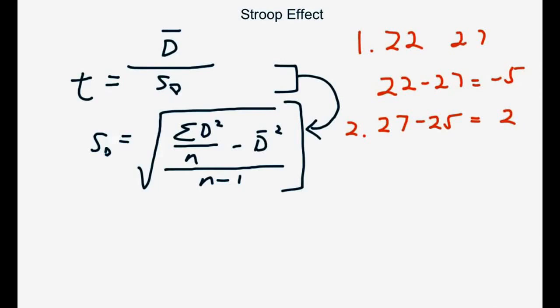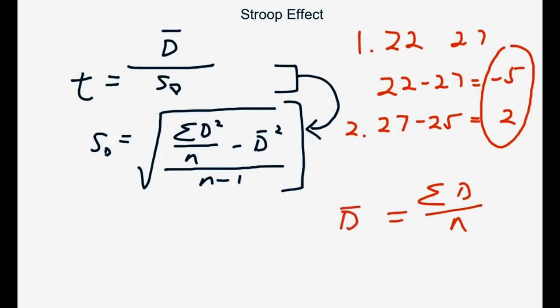If we take the average of those, we sum up the difference scores and divide by the number of scores, we end up with the mean difference. So that's all it is. It's just adding up the differences between each of the paired scores and dividing by the number of pairs that we had.